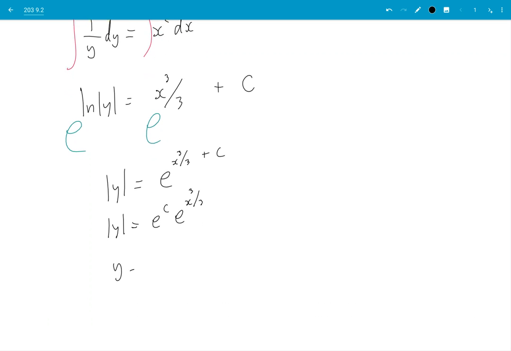Now, just like before, we're going to have y is equal to just a e to the x cubed over 3, where a is any real number. Okay, to get from here to here, I did the same steps as in the preceding example.